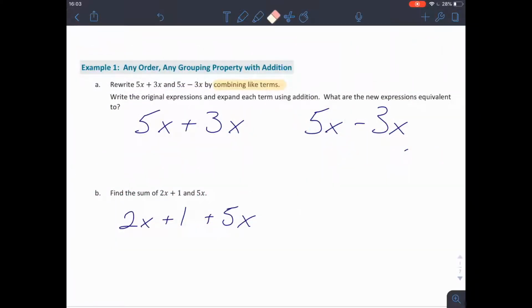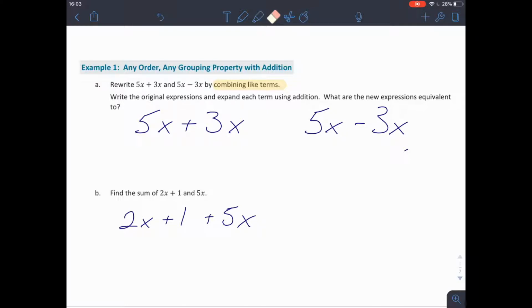We're going to try combining like terms to rewrite 5x plus 3x as a single term, and then 5x minus 3x. So when I have 5x plus 3x, to combine these like terms, which are alike because they share a variable, all I need to do is add my coefficients, the numbers that are being multiplied by my variable.